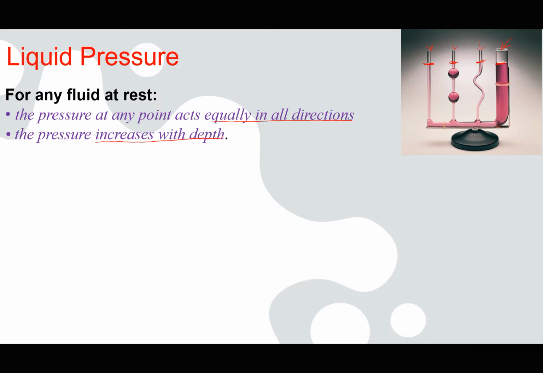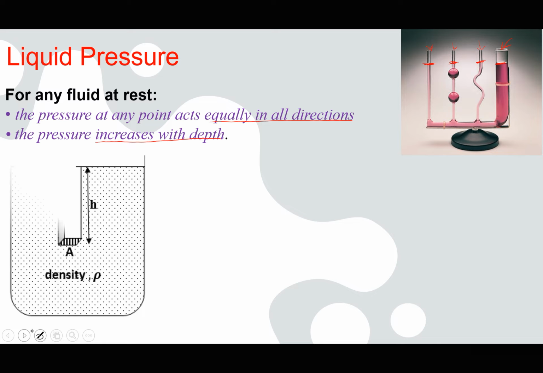We want to verify this mathematically and show that pressure does not depend on cross-sectional area. So let's consider a point at the bottom of this container, let's say at the same level with this container, at this point here. The point at the bottom of this container is in a fluid whose density is rho. Let's say it is at a depth h below the surface of the liquid in the container.